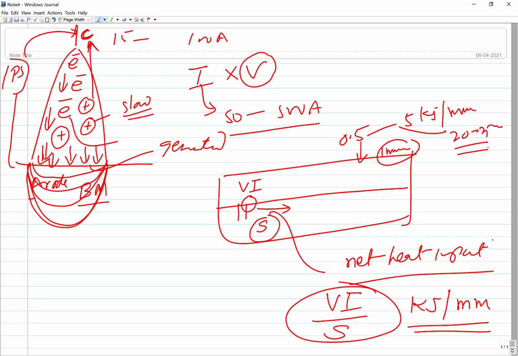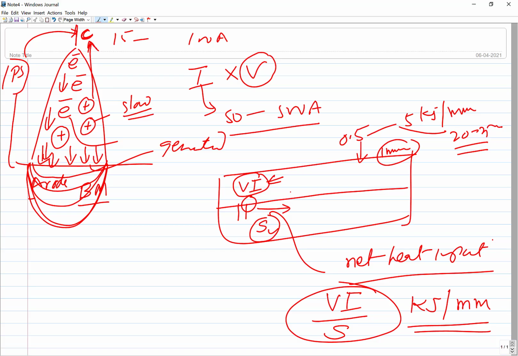So depending upon the thickness of the sheet we need to weld, net heat input is given in different amounts. So the VI is one thing and the speed is another. This is related with the power of the arc, but if the arc is moved at a higher speed, then the heat delivered to a particular zone will be reduced.